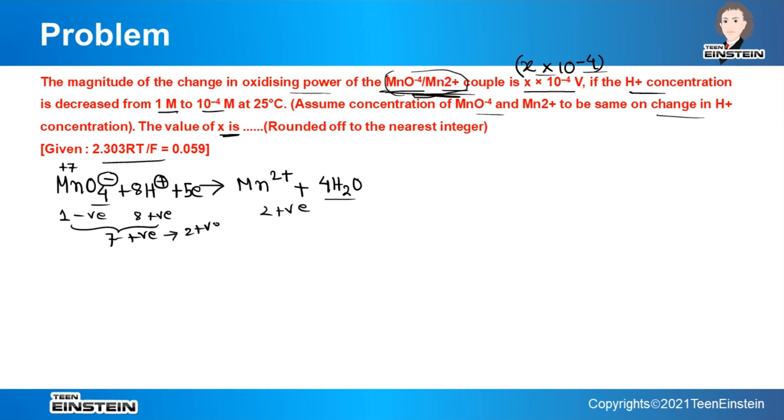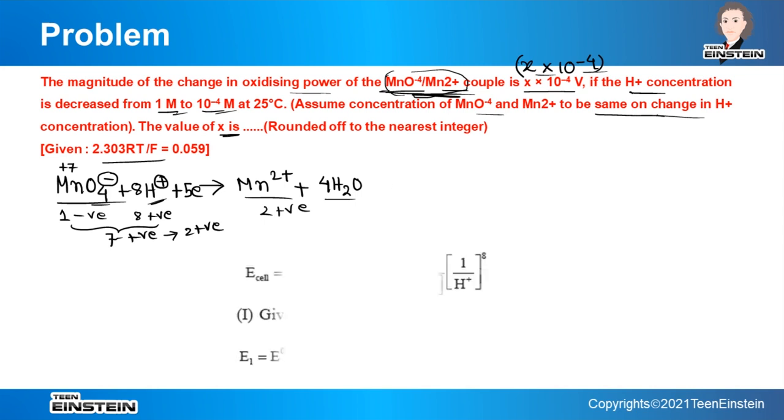So now both sides will be equal. So this is the equation for which you have to write the Nernst equation at two different conditions. In one condition, H plus concentration we have to write 1 molar. Another condition we have to write 10 to the power minus 4 molar. And in both cases, these two terms, their concentration will be unchanged, because that is already mentioned here.